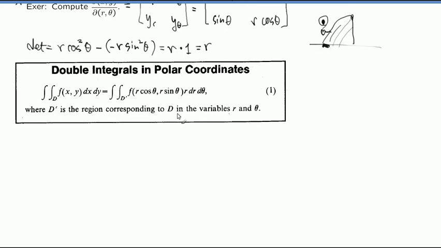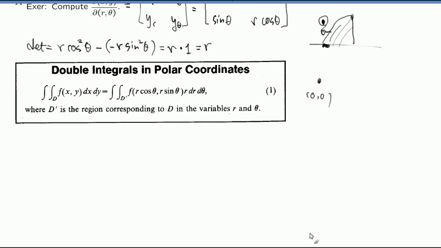Just like that, r can be 0; if it is a really small region where the area is 0, like a point, then it's not causing any problem. R being 0 means everything is inside (0, 0), because no matter what your angle is, if you multiply by r = 0, everything collapses down to (0, 0).